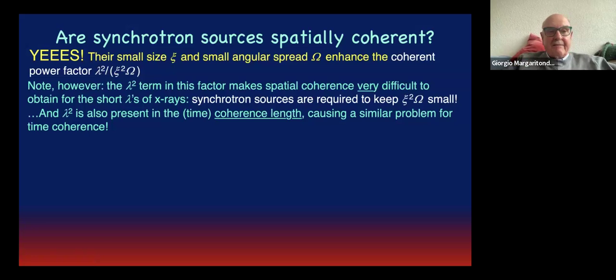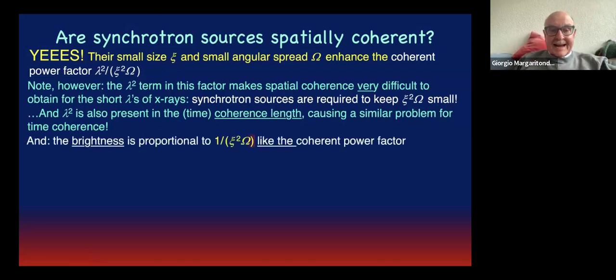With X-rays, we never bothered about spatial coherence until the arrival of synchrotron radiation, and even then, it took us some time in order to realize that there was indeed a high coherent power.